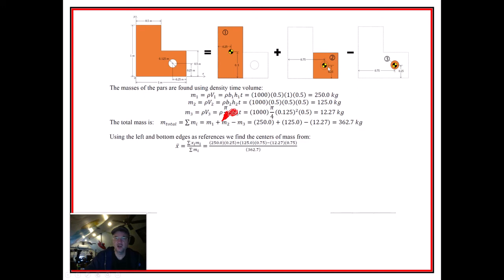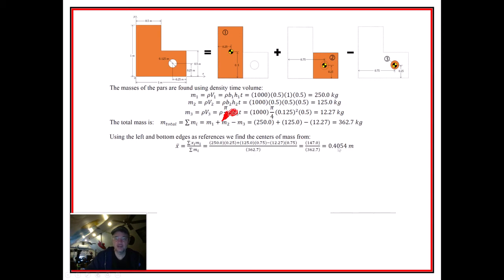And then 125 here, but it's going to be 0.75 is its center of mass, a distance from the reference. And then this last one right here, it was this mass times its distance, but of course it's negative, right? So it's been subtracted there. So we divide that whole thing by the total mass, and we get where that distance is going to be.